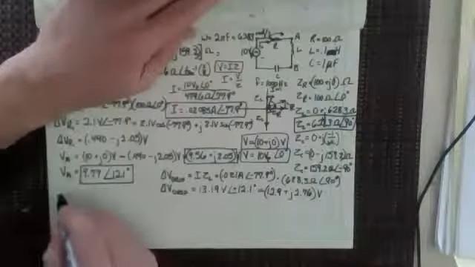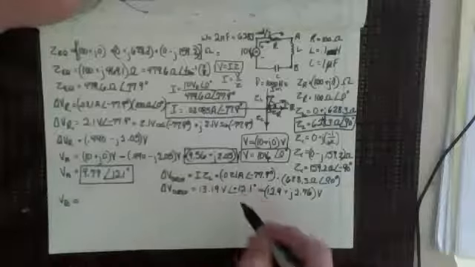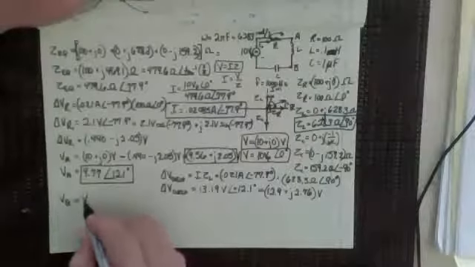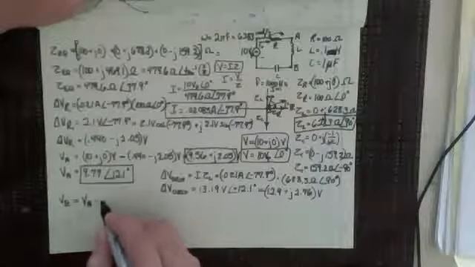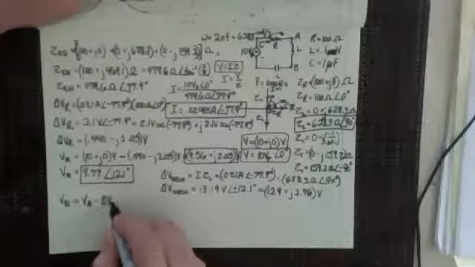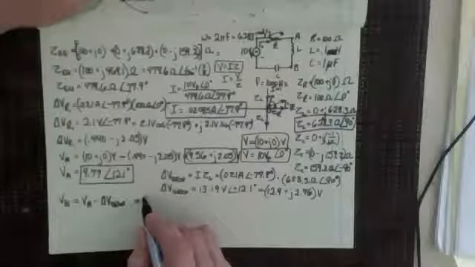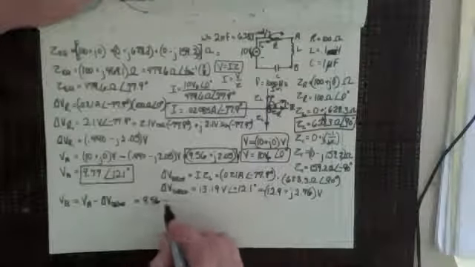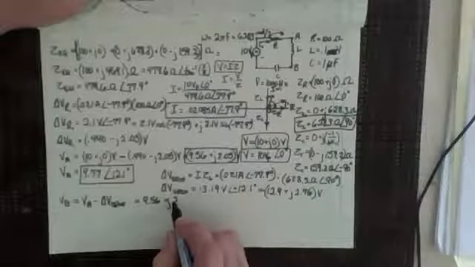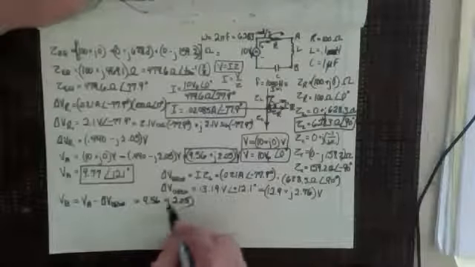So what is my voltage at B? My voltage at B is going to be the voltage at A minus the voltage drop across the inductor. So the voltage at A minus the voltage drop across the inductor, right? So I've got 9.56 plus J2.05 volts.